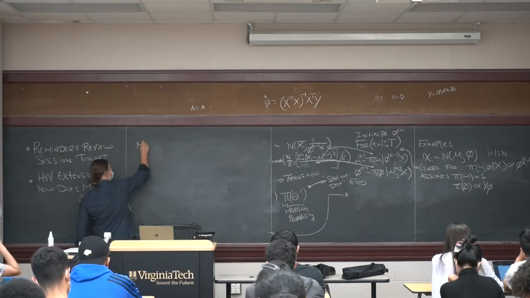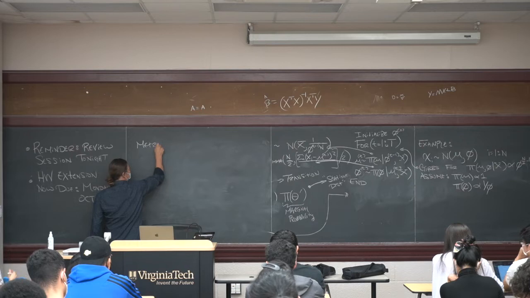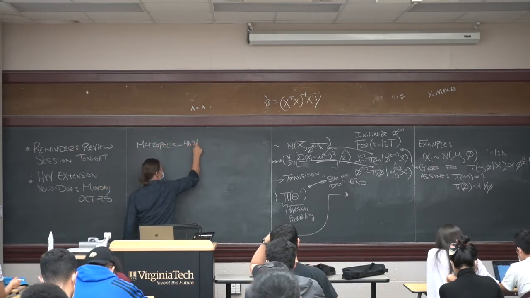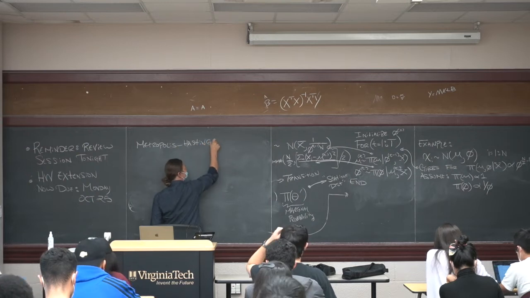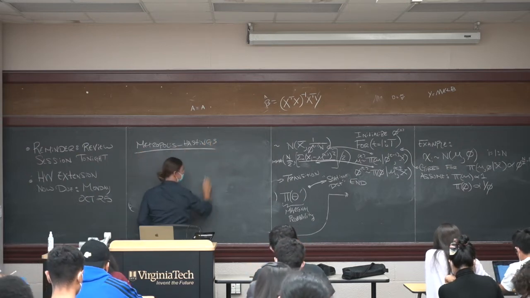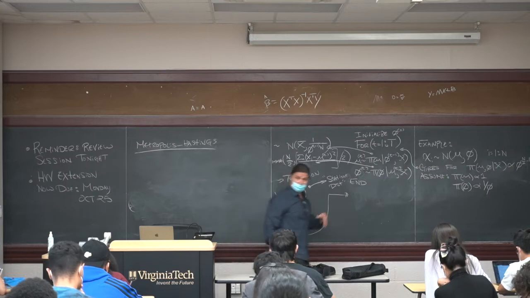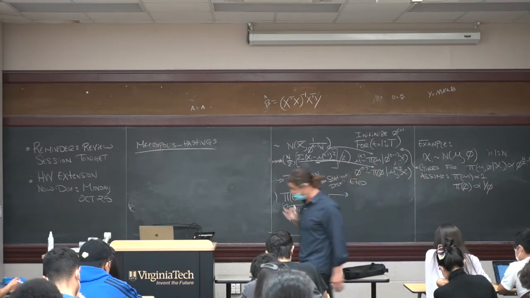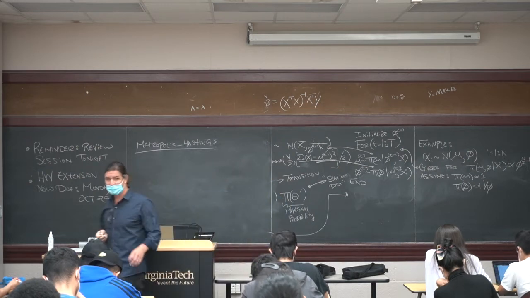Okay, Metropolis-Hastings. IEEE says this is the number one algorithm of the last 100 years, so it's not just me that likes it. This is my favorite algorithm as well.